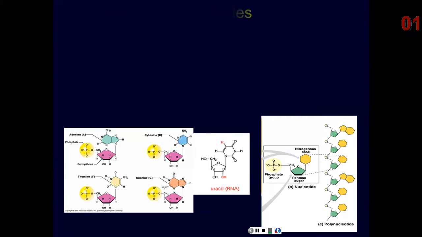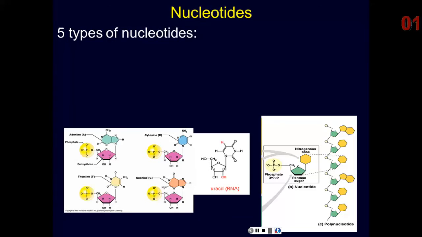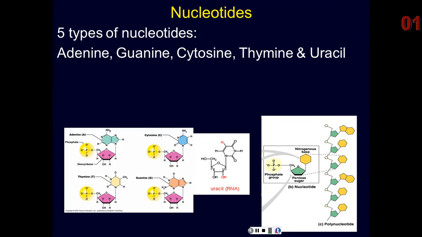There are 5 different nucleotides. They are adenine, guanine, cytosine, thymine, and uracil. We find 4 of these in DNA, the first 4: adenine, guanine, cytosine, and thymine.